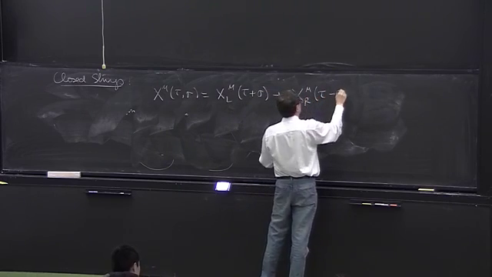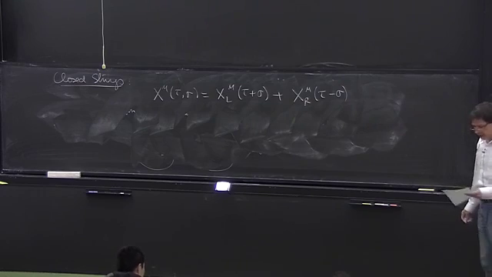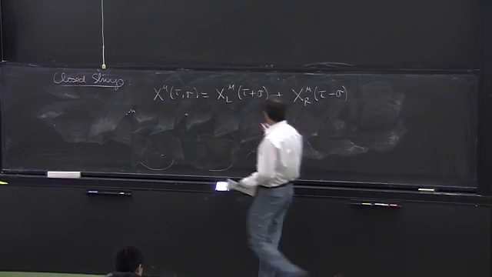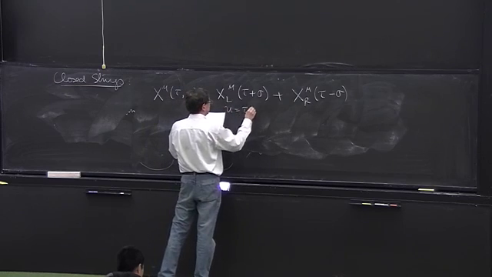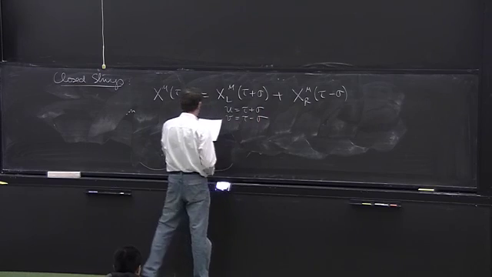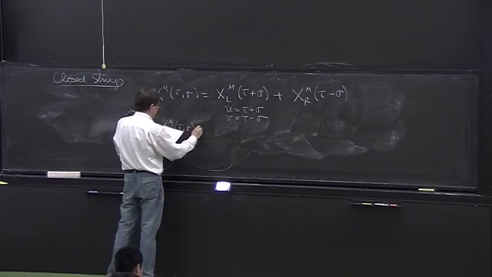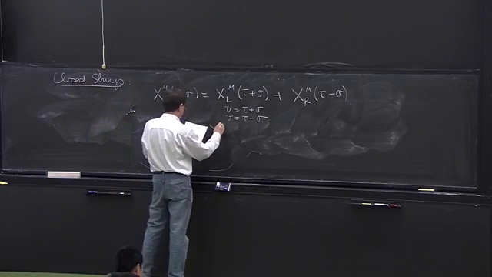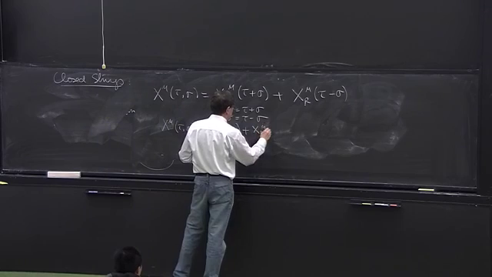And there's nothing else that solves the wave equation. That has to be there. And we'll call for simplicity u equal tau plus sigma and v equal tau minus sigma, so that x mu of tau and sigma is equal to x left mu of u plus x right mu of v.